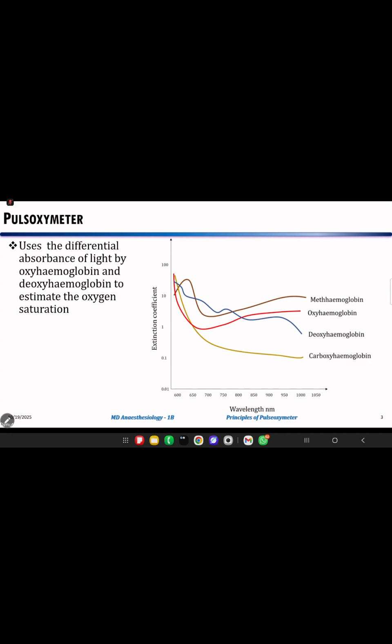The graphs are plotted, so they have different absorption bands. This difference is used to assess the percentage saturation of the hemoglobin with oxygen.